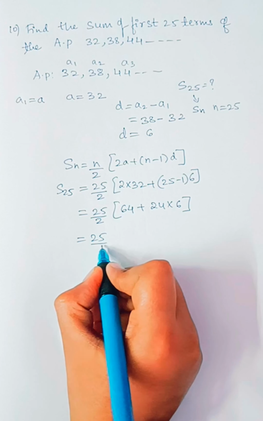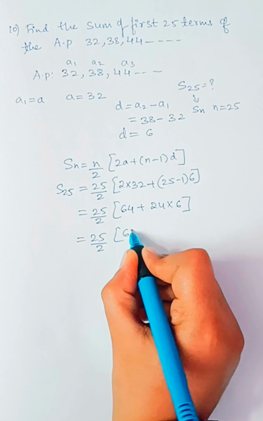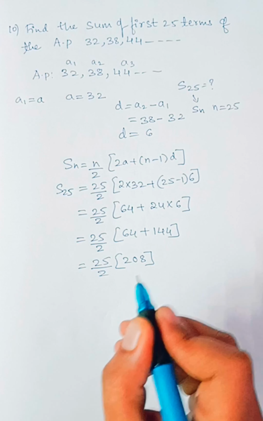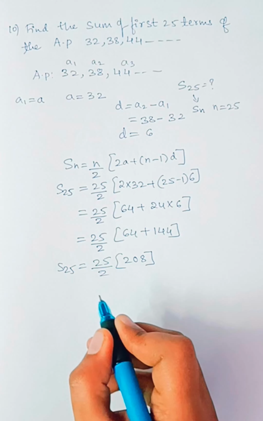So 25 by 2 into 64 plus 24 into 6, that is 144. So 25 by 2 into 64 plus 144, which is 208.